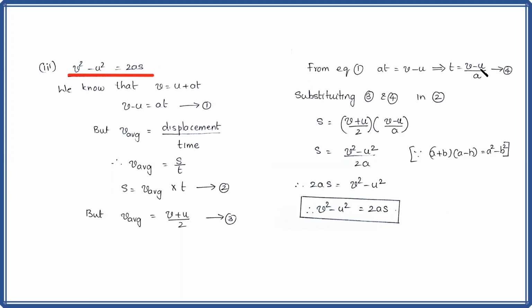Then T is equal to V minus U by A. Let it be equation number 4. And substituting equations 3 and 4 in 2. Equation 3 means V average, this one.